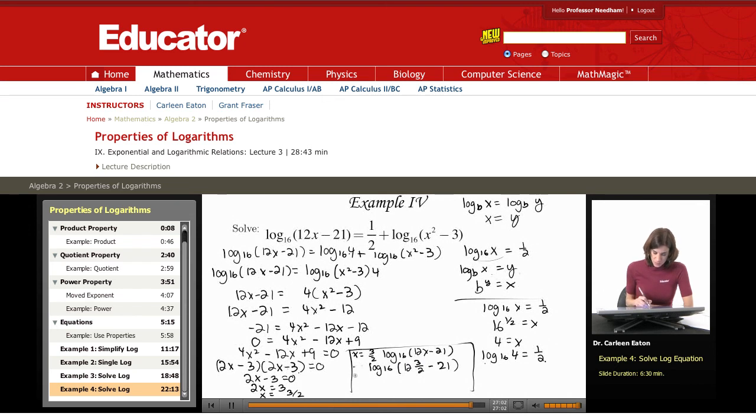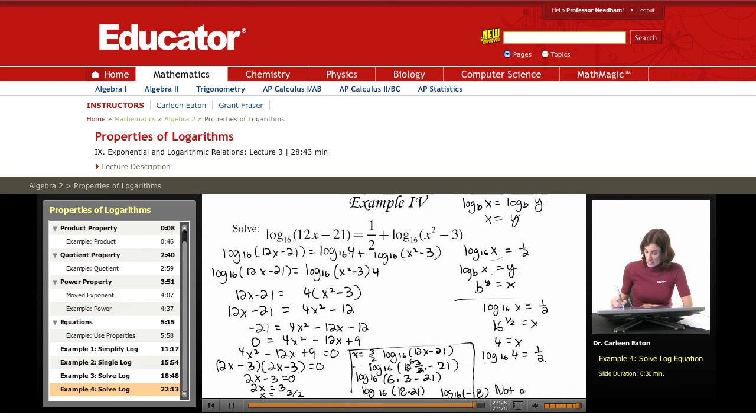So log base 16, this cancels. This becomes 1, and this is 6. This is 6 times 3 minus 21. So this is log base 16 of 18 minus 21, and that gives me log base 16 of negative 3. Therefore, this solution is not valid.